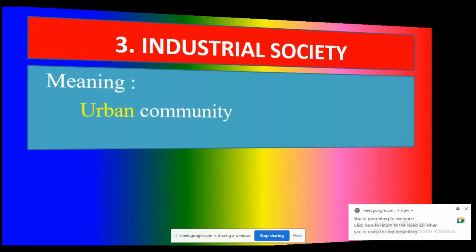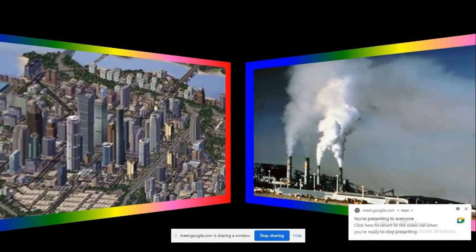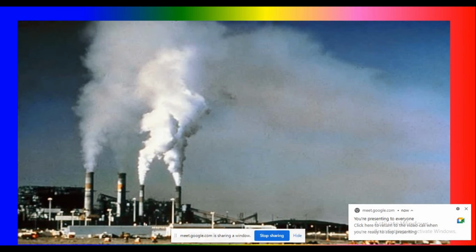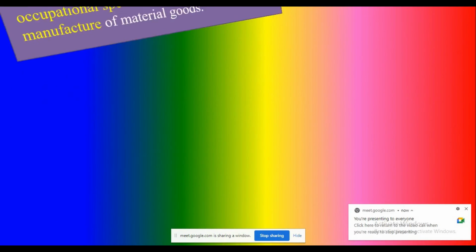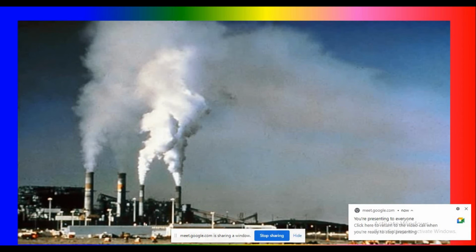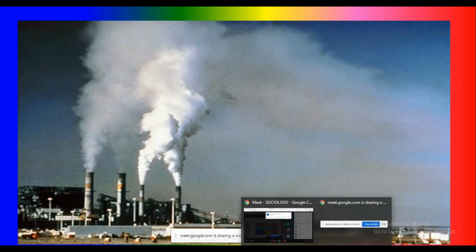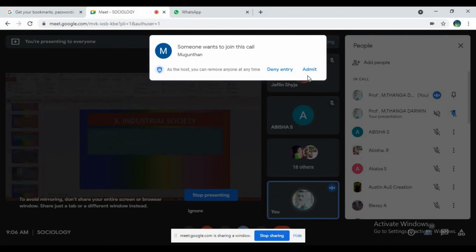Industrial society. It may be called urban. Same characters. Got this picture, industry. A society having a lot of industries. Maximum people work in industrial areas.